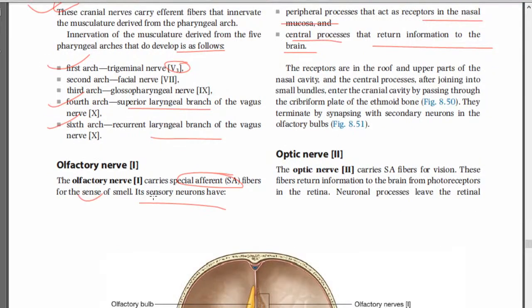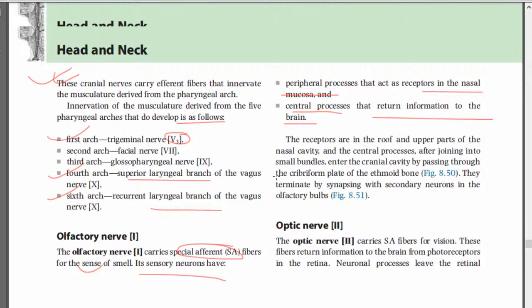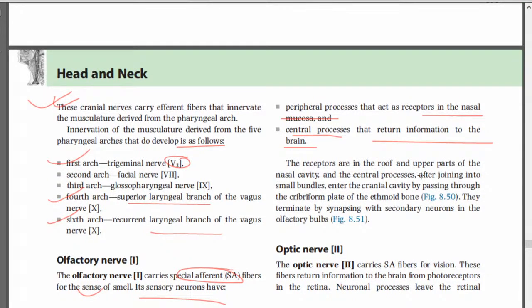The central processes go in small bundles into the cranial cavity by passing through the cribriform plate. They terminate by synapsing with secondary neurons in the olfactory bulb.